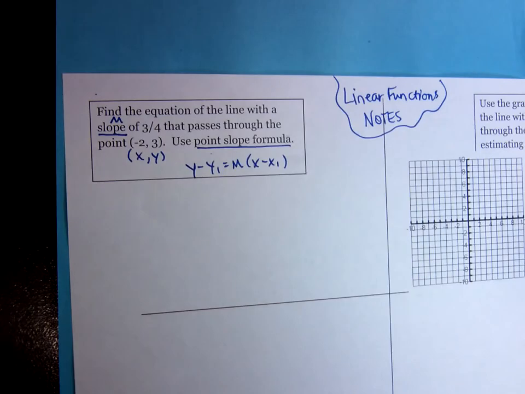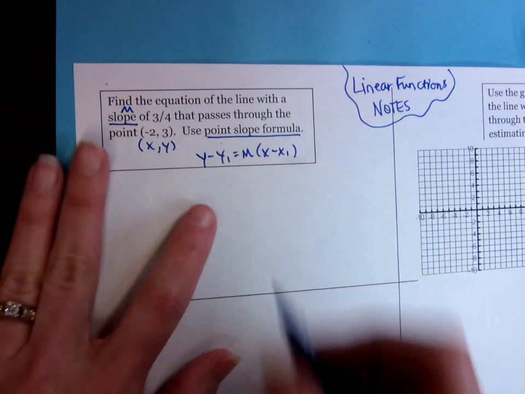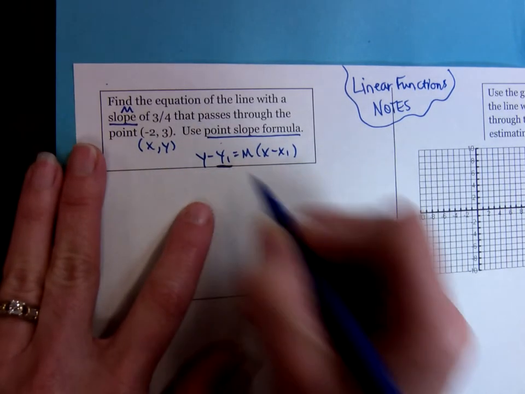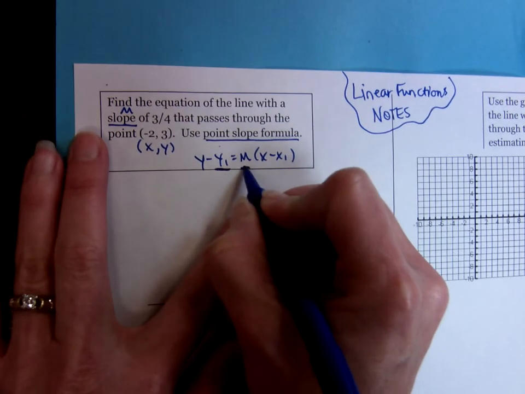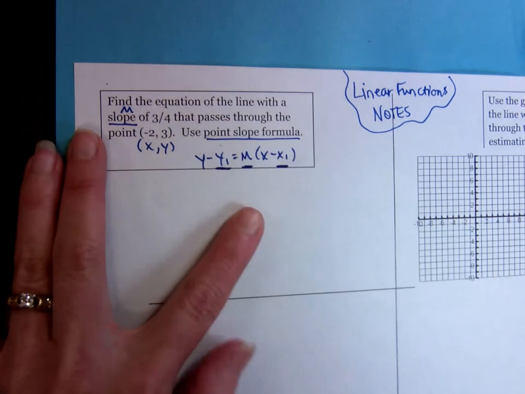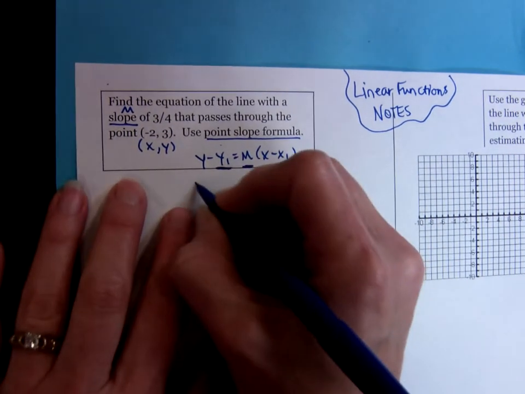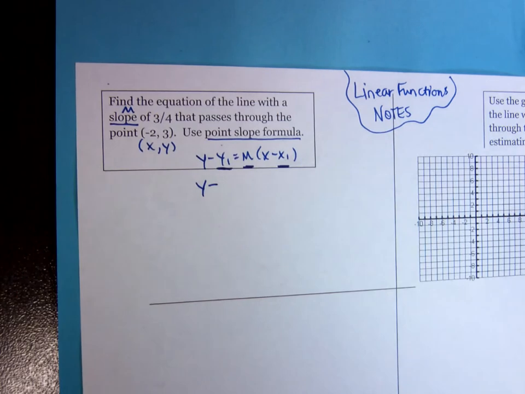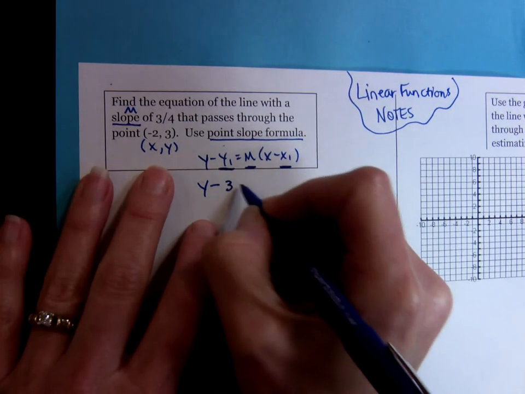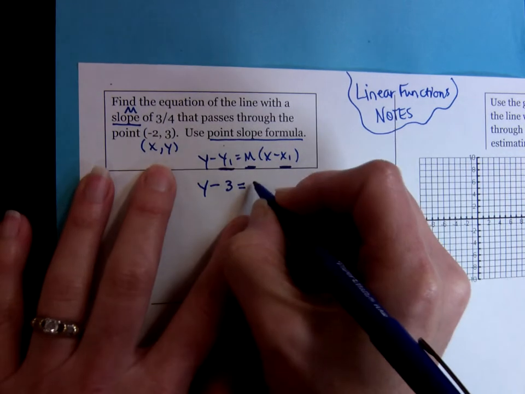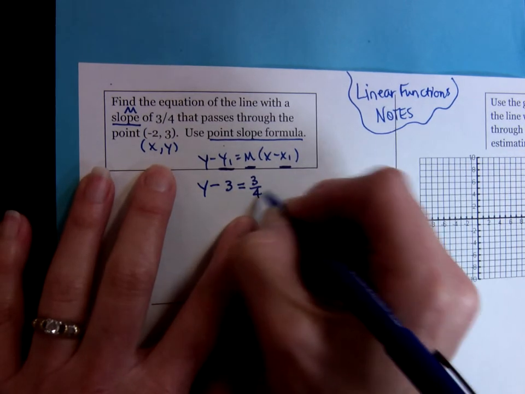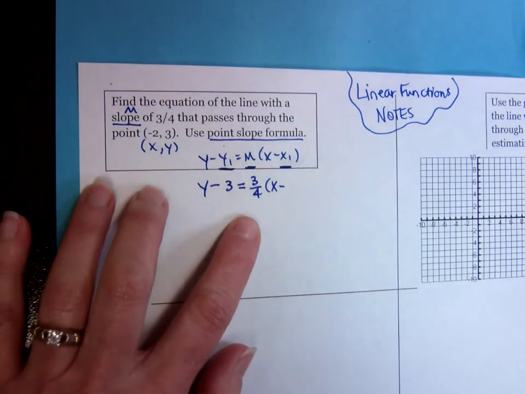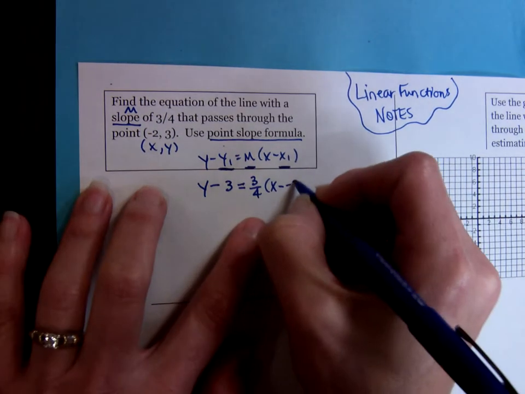Okay, so let's use that information. Remember, there are three places that we plug something into: y1, m, and x1. So when we start to plug in, what number goes in for your y1? 3. What number goes in for your m? 3/4 times x minus, what's the x number? -2.